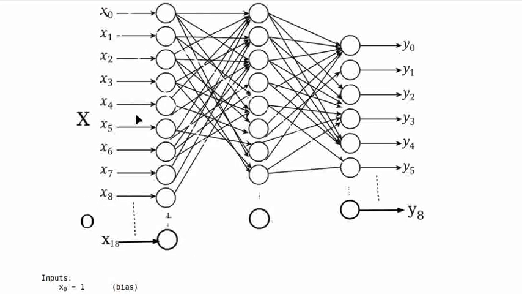So here, we have 19 inputs to be compatible with what we have written. X0 is our bias. It is always equal to 1. And X1 to X9 for X, and X10 to X18 for O. And we have 9 outputs, Y0 to Y8.